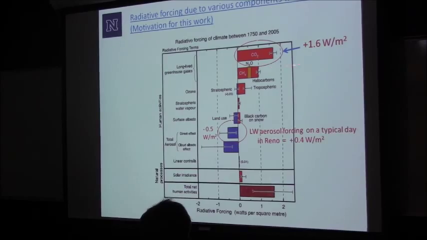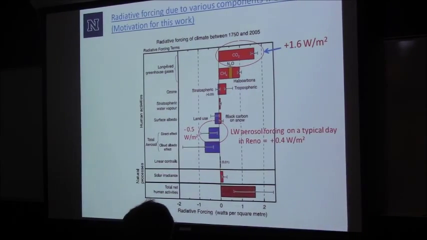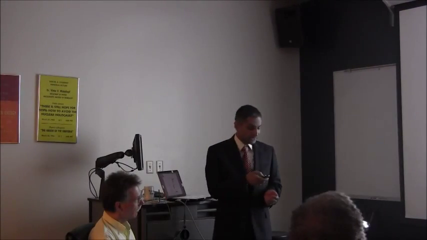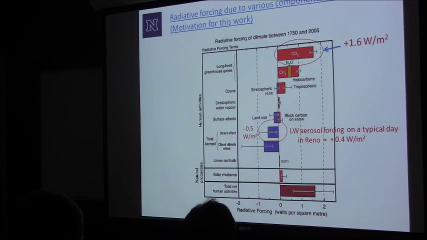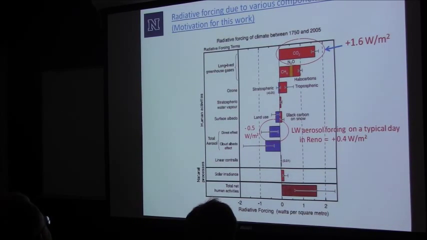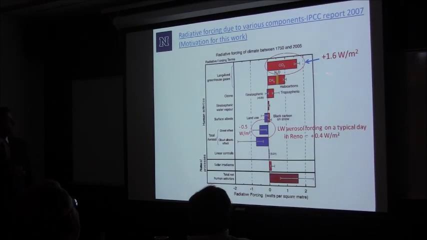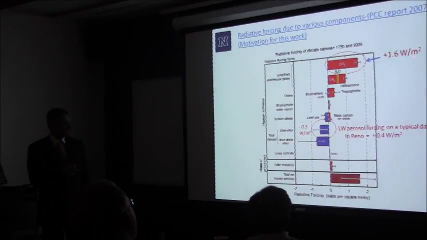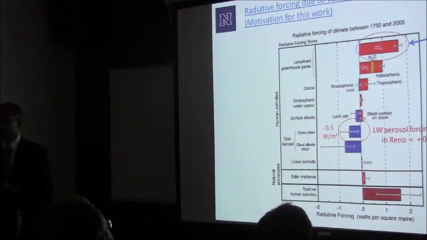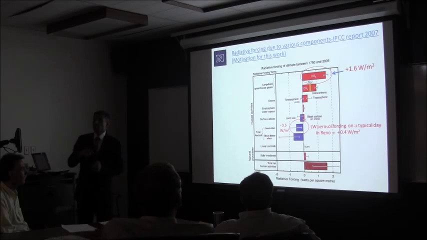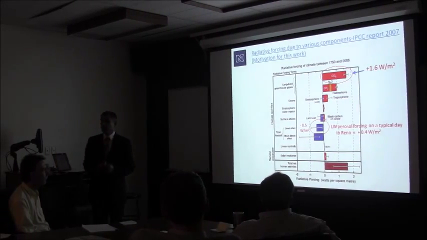According to this report, the concentration of carbon dioxide has increased by about 100 parts per million by volume during that period, 1750 to 2005. And this change in carbon dioxide concentration leads to that much radiative forcing, plus 1.6 watts per square meter. This positive sign means the radiative forcing is positive. Positive radiative forcing means it contributes to the warming or heating effect.